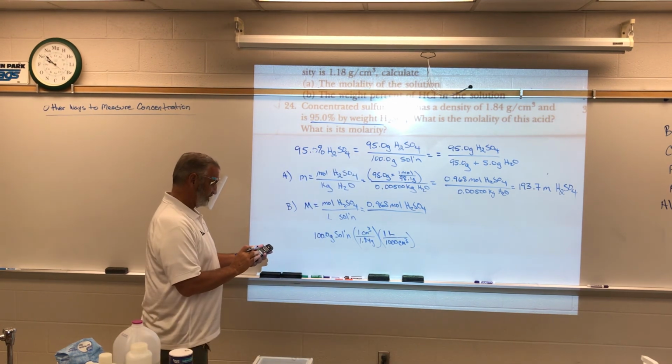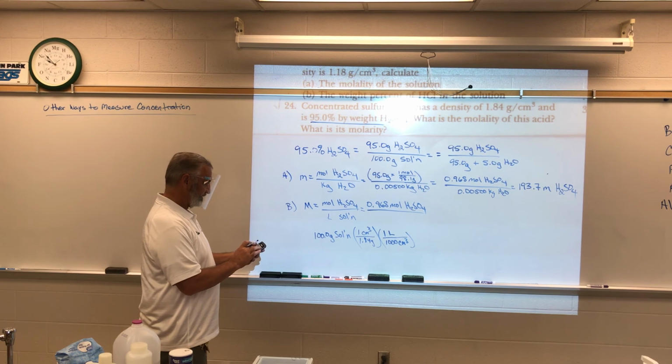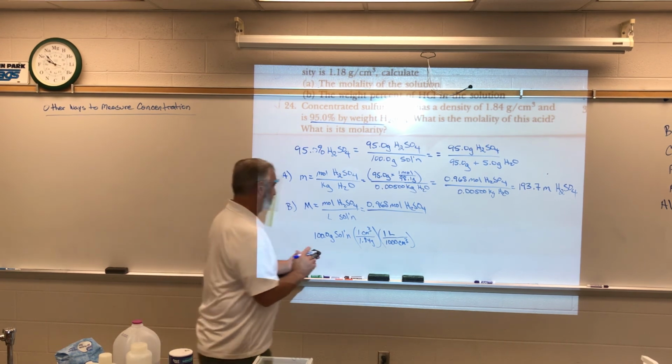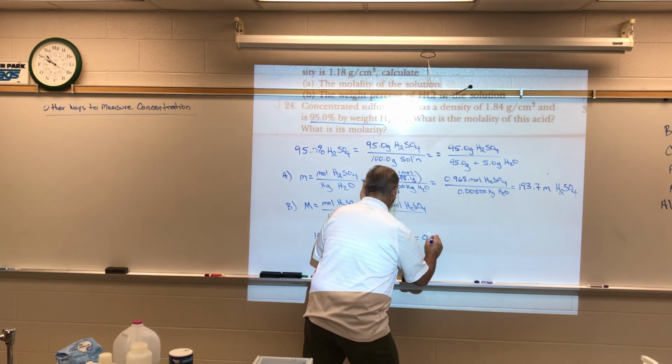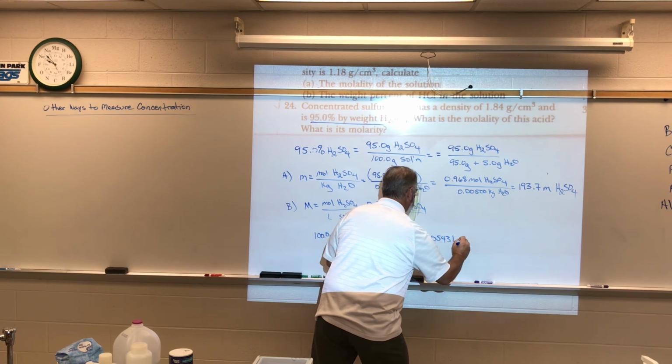100 divided by 1.84, divided by 1,000. So 100 divided by 1.84 is 54.3 cubic centimeters, so it's going to equal 0.0543 liters of solution.